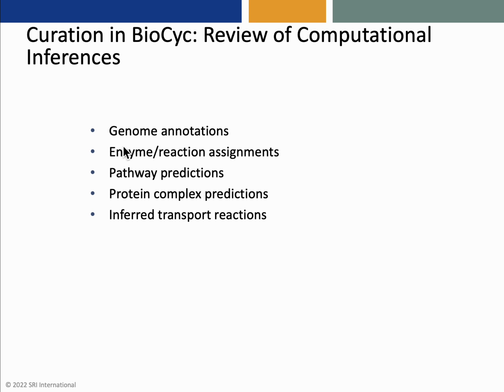For example, we'll review the pathway predictions for a given organism, and the curators will look for pathways that may be in error. For example, if the system predicted the presence of a photosynthetic pathway in an organism that doesn't do photosynthesis, that pathway would be deleted. Similarly, we review the protein complex predictions, etc.